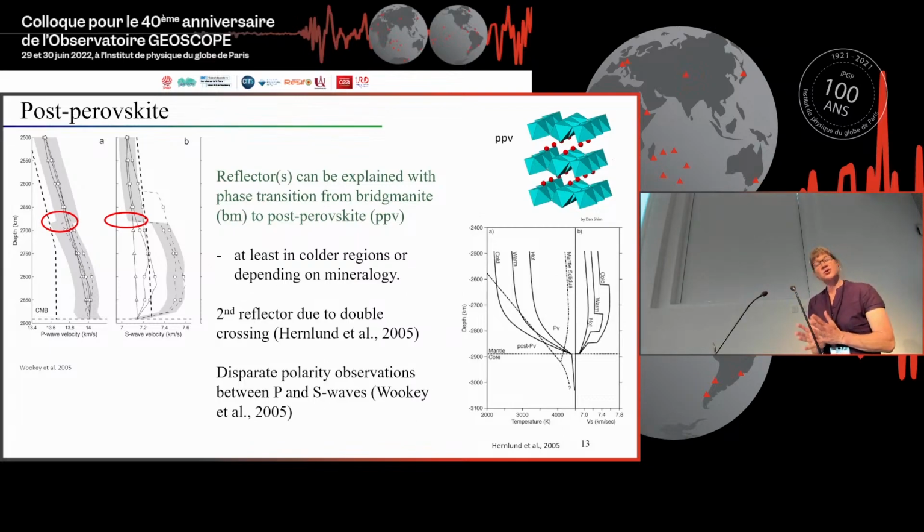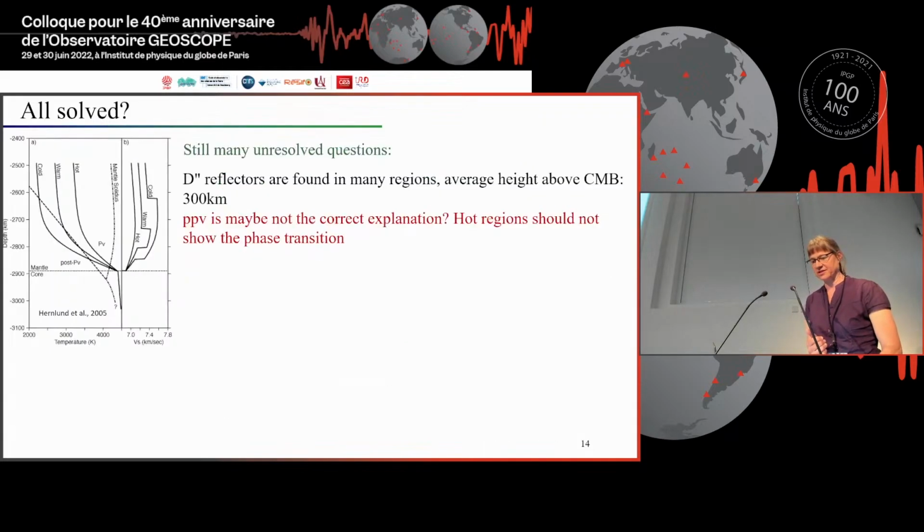So post-perovskite can actually explain quite a lot of our observations, but as Jeannot just said, seismologists like difficult things, so there are still many unanswered and open questions, and I'm only going to talk about a few here.